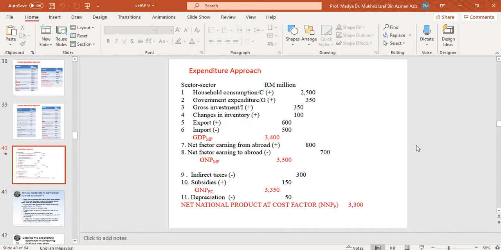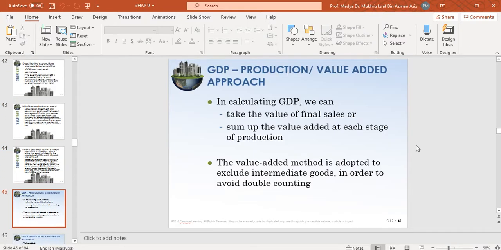In the next slide, the purpose of this video is to focus on the remaining two methods: the production or value added approach, and finally the income approach. Between the three, the two common ones are the expenditure approach and the income approach.